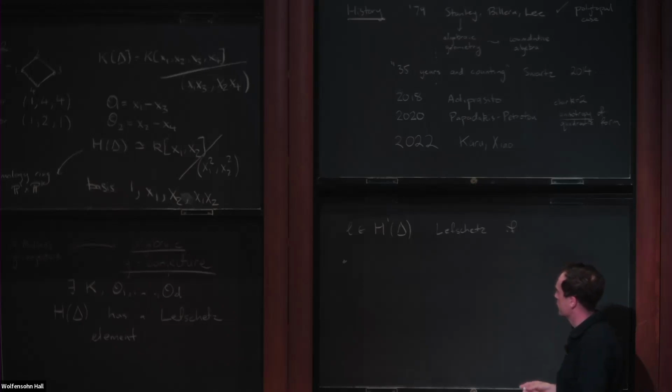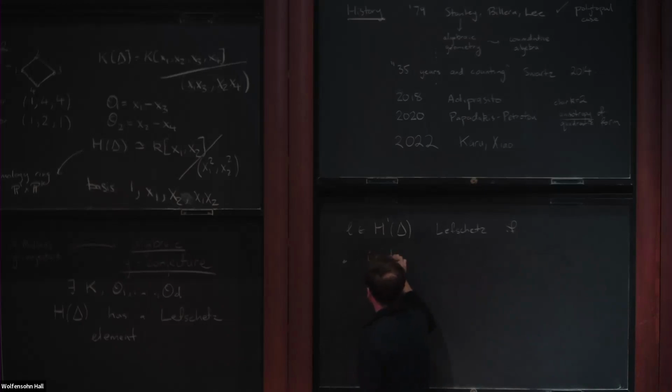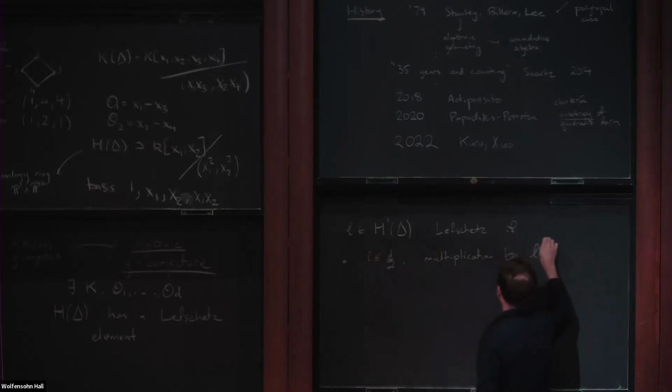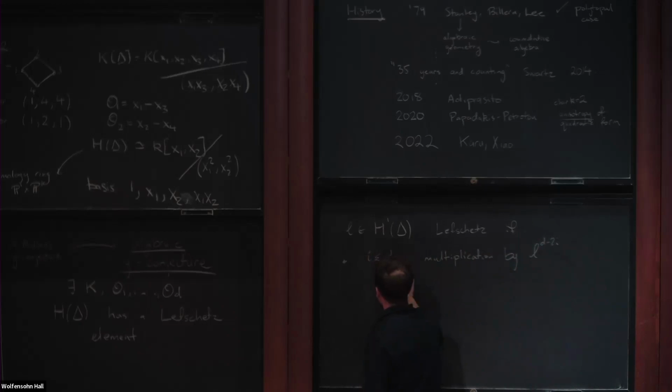So it's Lefschetz if for I less than half, multiplication by L to the D minus 2I gives an isomorphism from here to here.